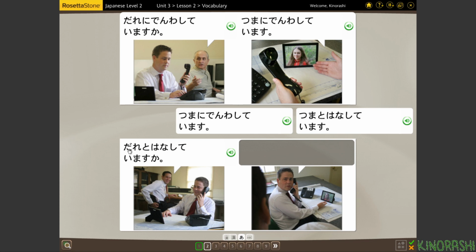You're asking what you do with that person essentially, since to is usually used for and like orange to ringo, oranges and apples, but when used with a noun like this, it means with. So, 誰と話していますか? Who are you speaking with?